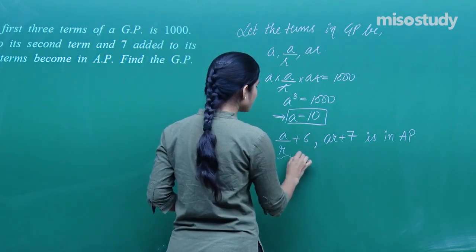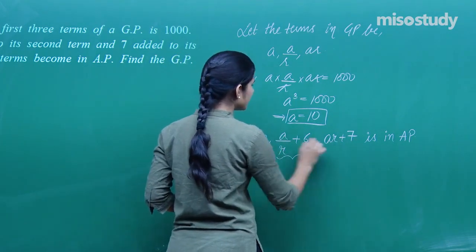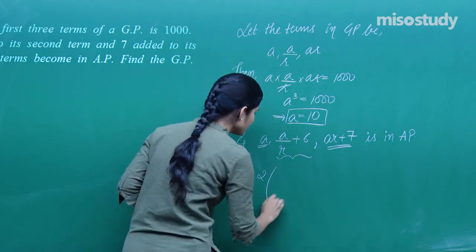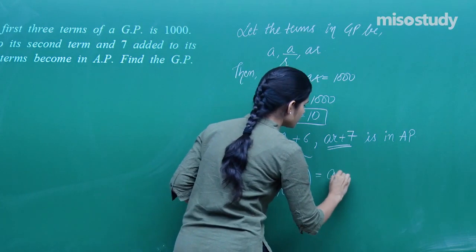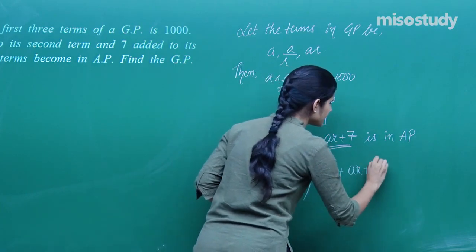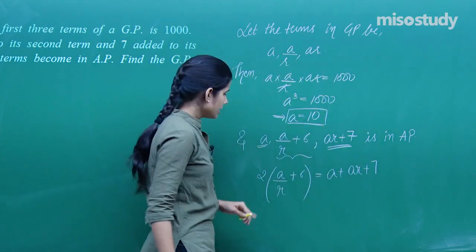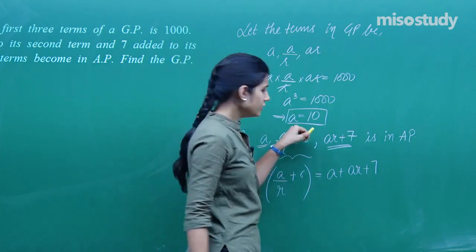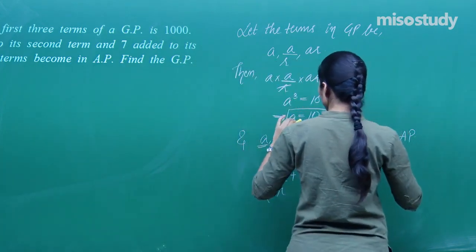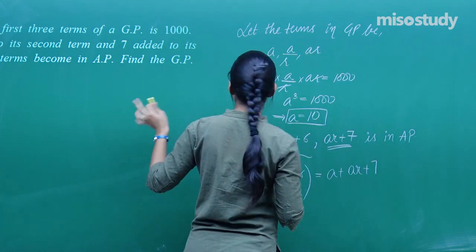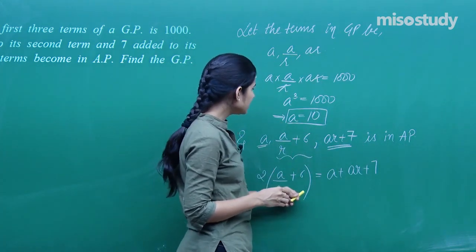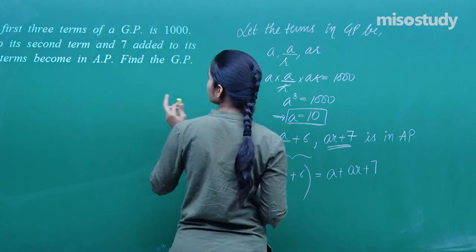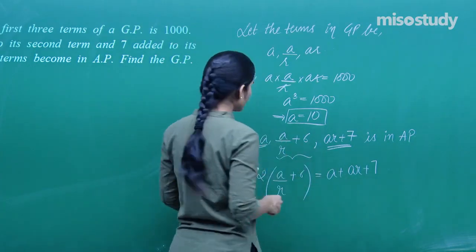That means twice of the middle term is equal to the sum of the first and the third term. So, twice of A by R plus 6 equals A plus AR plus 7. A is 10, given to you already. So, when 6 is added to the second term, which is A by R, and 7 is added to the third term, the sequence becomes an AP.